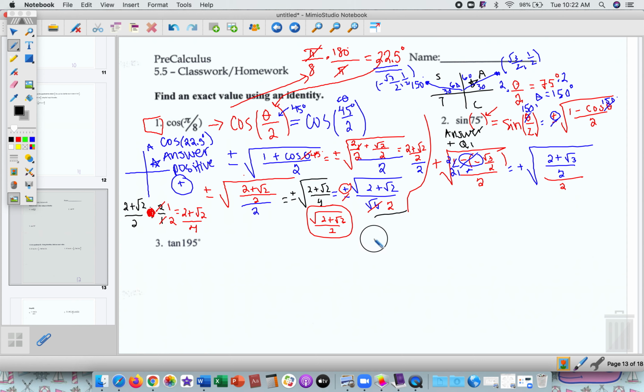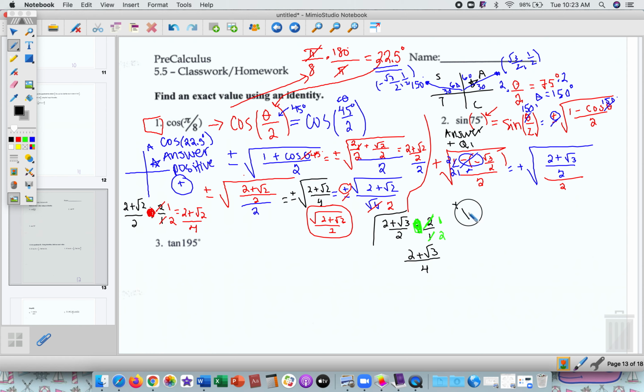So under the radical, we have 2 plus square root 3 all over 2 divided by, denominator's 2, or 2 over 1. We're going to change division to multiplication, and we'll flip our fraction on the right. So now we would have 2 plus root 3 all over 4. So we can replace underneath that radical with 2 plus root 3 over 4.